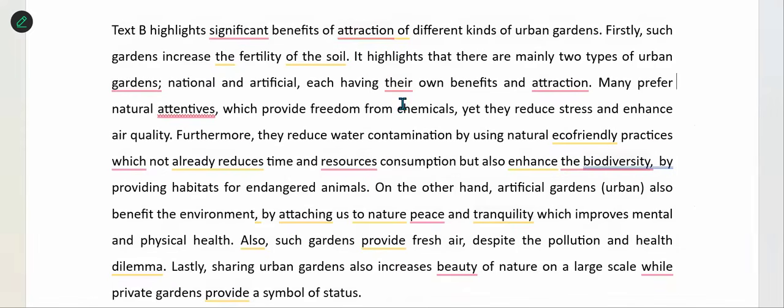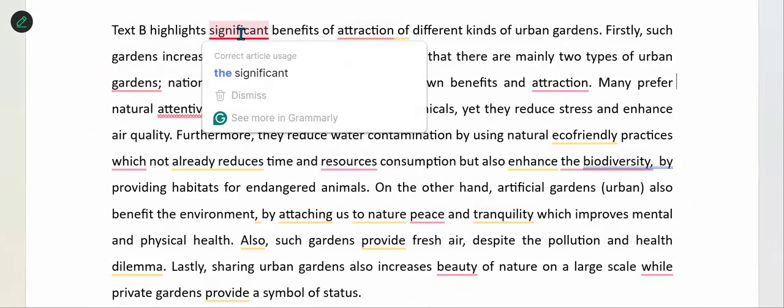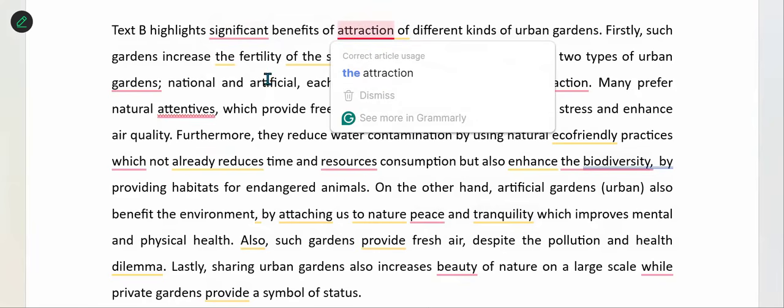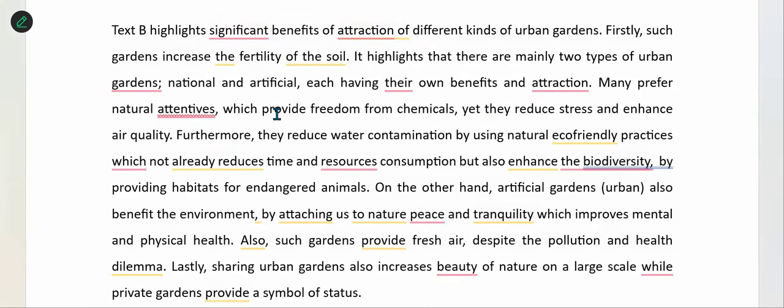These red lines are what they are marking. They are telling about the grammatical mistakes. So in text B highlights, it should be the significant, and it's a Grammarly app. You can see this, and this is the attraction. So these are grammatical article mistakes.